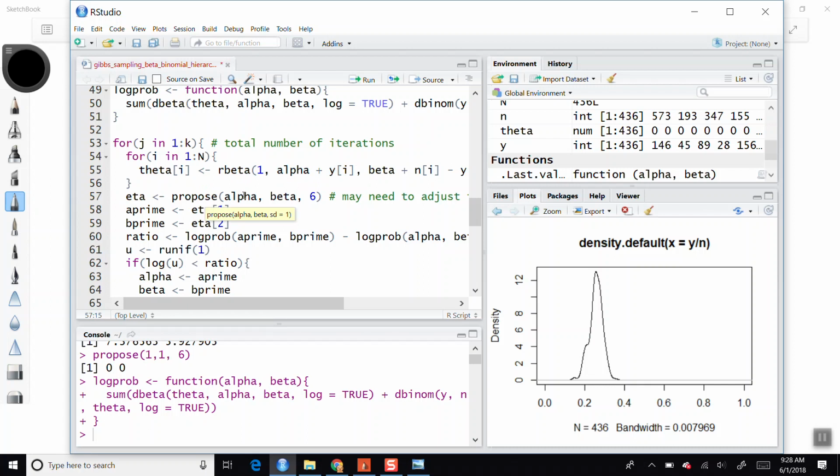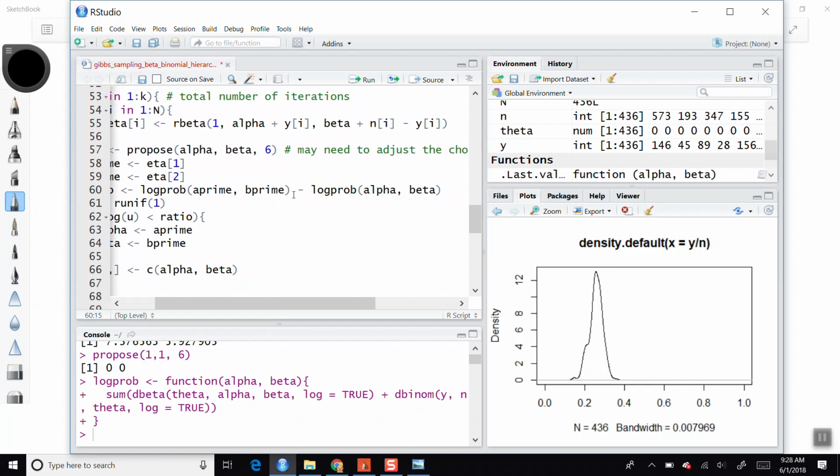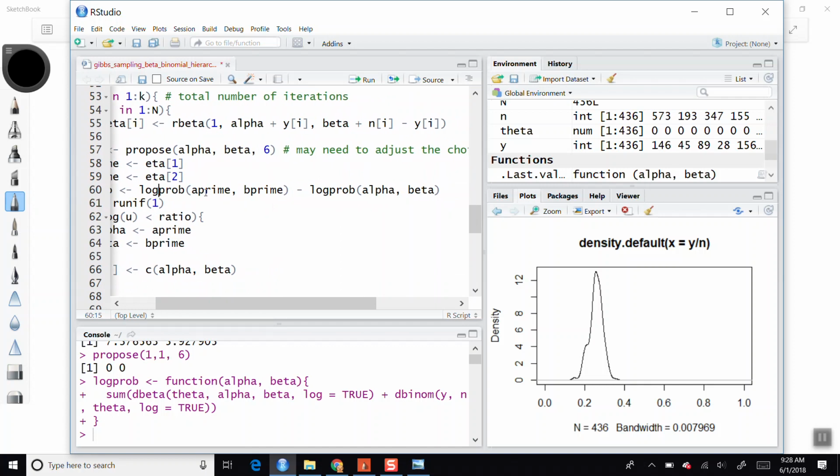We're going to propose a new alpha and new beta, which I'm going to call A prime and B prime. The proposal function returns a vector of 2 values, so I'm capturing that into eta, and we take out the first eta value, and that's going to be A prime, and the second eta value is going to be B prime. Then we calculate the ratio between the proposed values, A prime and B prime, and the current values of alpha and beta.